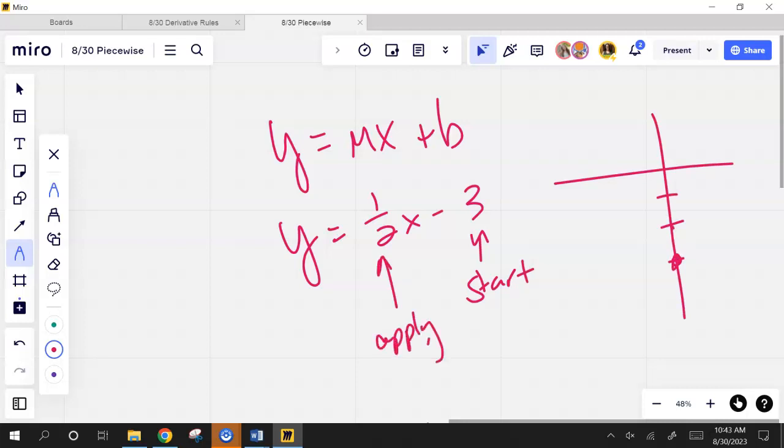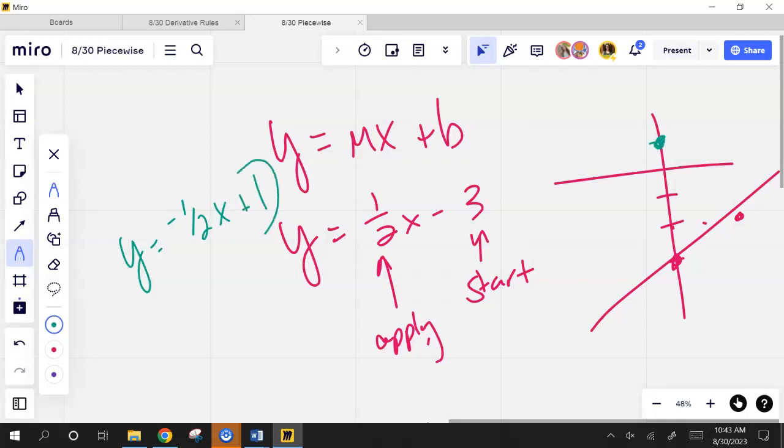This would be up 1 over 2. Rise over run. If slope is 1/2, then it's up 1 over 2. Then I'd be down 1. So if it's y equals -1/2 x plus 1, I'd start at 1 because that's my y-intercept, and I'd go down 1 over 2.